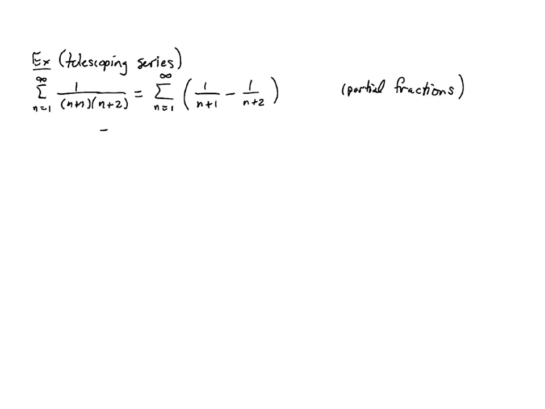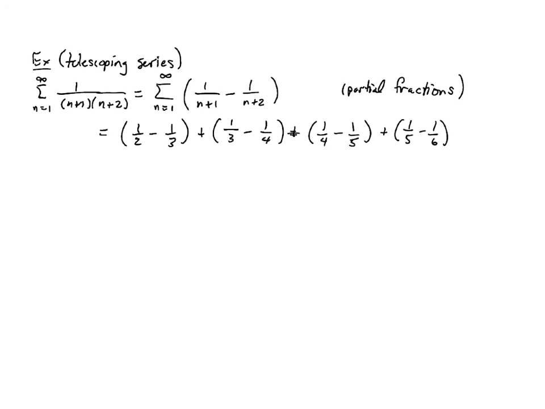So when we write out some of the terms of this series, when n equals 1, we get 1/2 minus 1/3. When n equals 2, we have 1/3 minus 1/4. When n equals 3, we have 1/4 minus 1/5, and we get 1/5 minus 1/6, and so on.